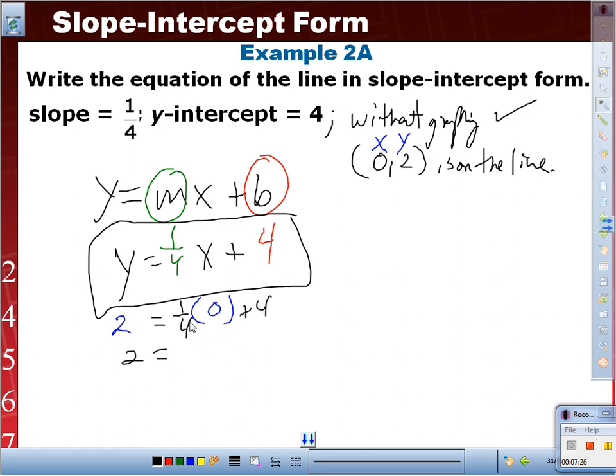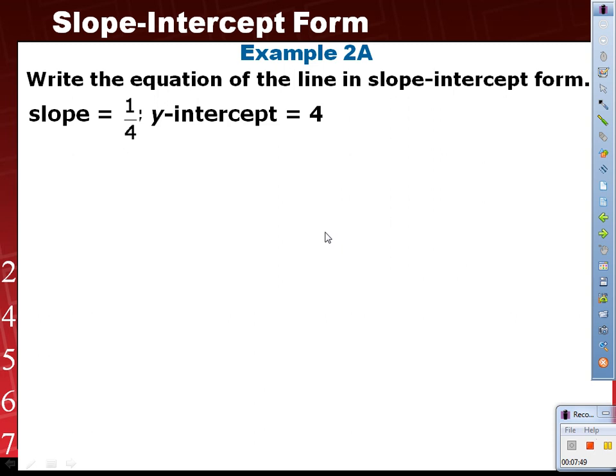This is 2 equals 1/4 times 0, which is 0, plus 4. 2 equals 4, is that correct? No, so this is not on the line. Any questions up to right there? And we did some of these yesterday, right? So now check this out. From here on, we're moving on, since these are too easy. Let's go to funner ones, yes?